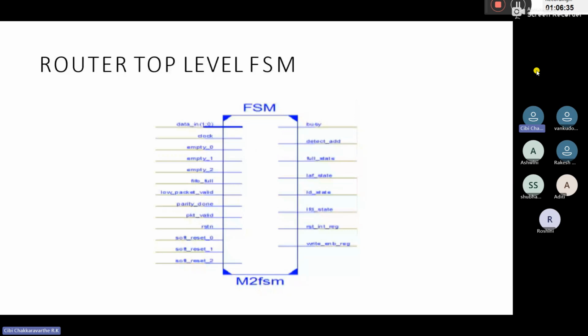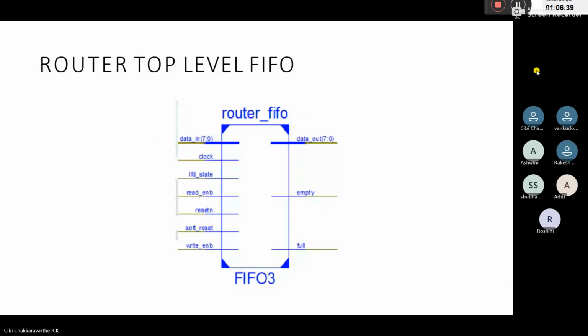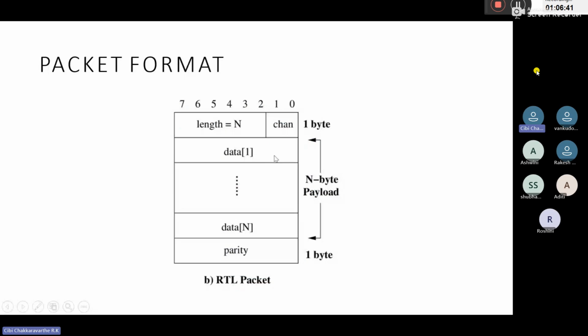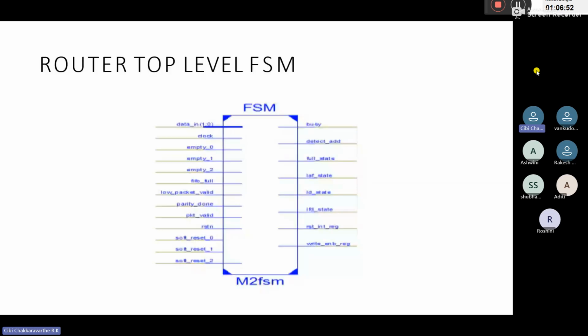As we saw in our frame format, the first 2 bits coming from the LSB, the 0th bit and the first bit, are for address. That is why we are passing address here in this FSM. Then clock, you all know, is for synchronizing purposes. Then empty0, empty1, empty2 indicate whether FIFO0 is empty or not, FIFO1 is empty or not, and FIFO2 is empty or not.